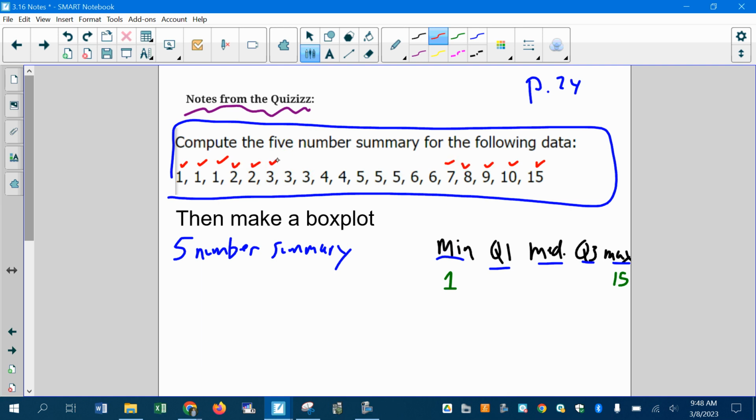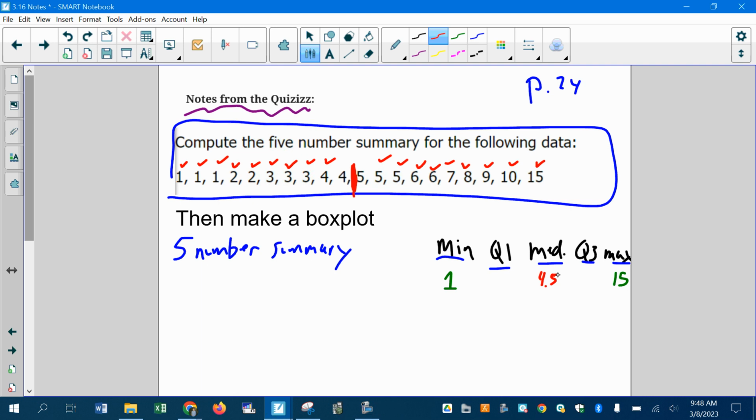Boom, boom, boom, boom, boom, boom, boom, boom. And then we get here, and our middle is actually right in between those because we have an even number of data points. So our middle is going to be 4.5. It's right in between 4 and 5, 4.5. That's the middle. That's our median.